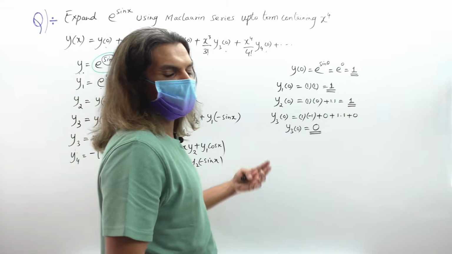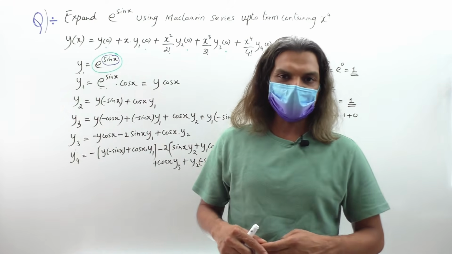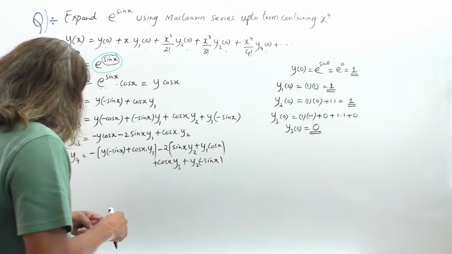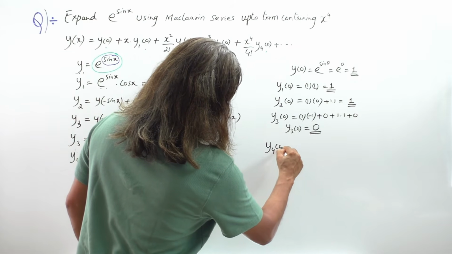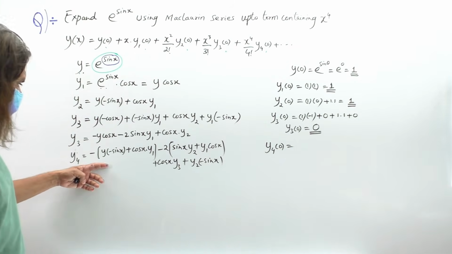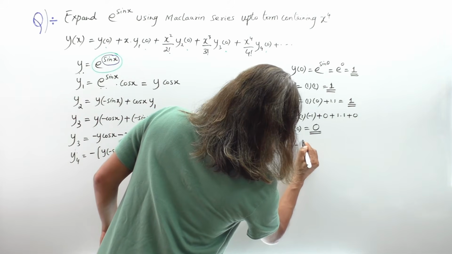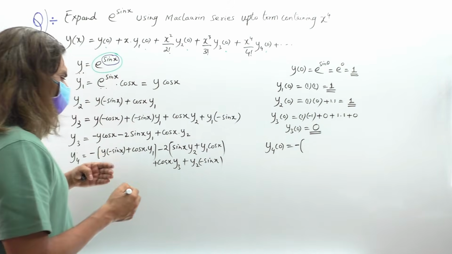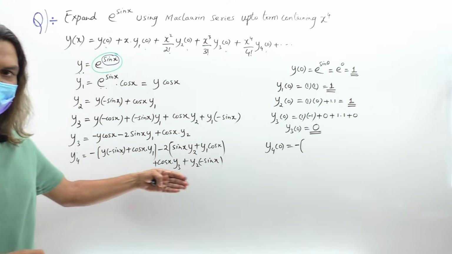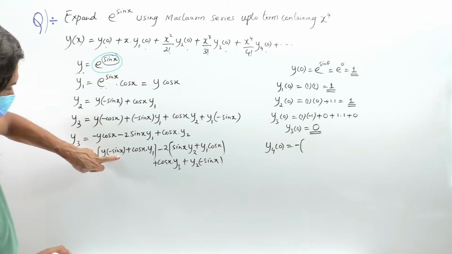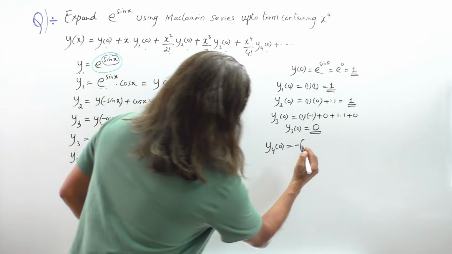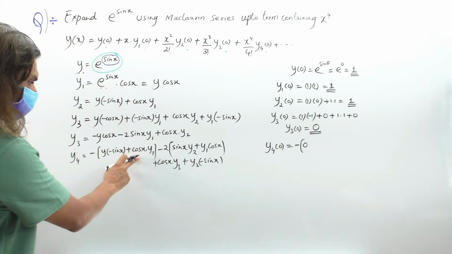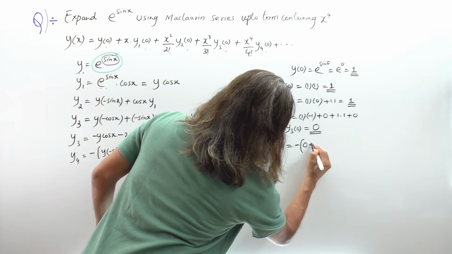So let's put the value x equal to 0, next, that is the expansion of the Maclaurin series. So we have y4 of 0 is equal to minus. I will not expand it further, I will not simplify it because anyway you are putting x is 0, I will do it here only. So sin 0, anything times 0 is 0, so minus 0, cos 0 is 1 and y1 is 1, so plus 1.